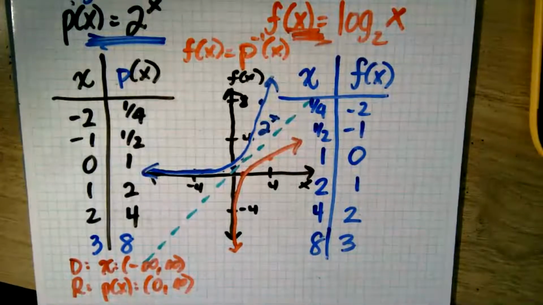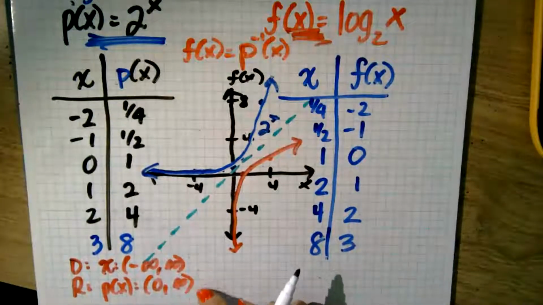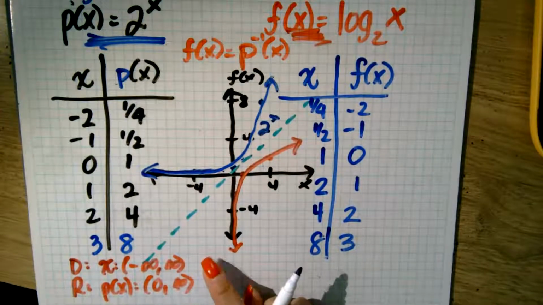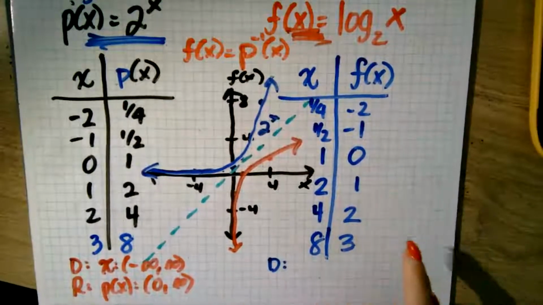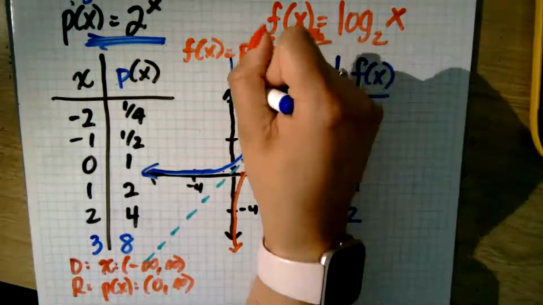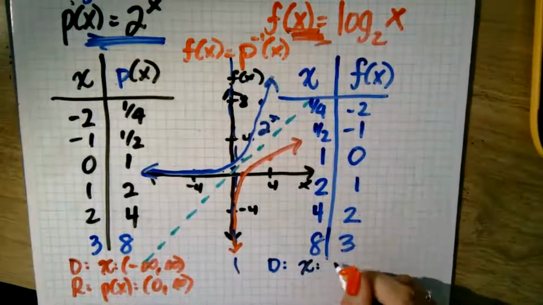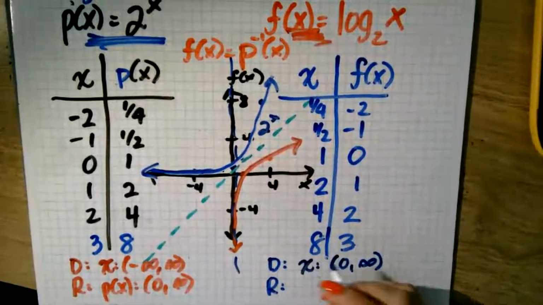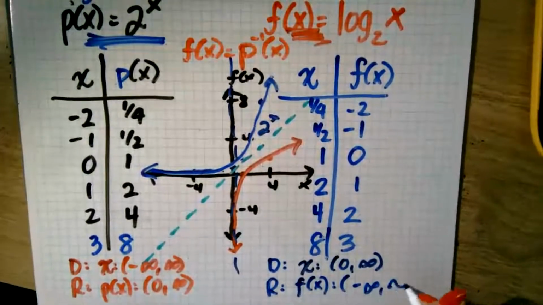So now let's look at the domain and range for my logarithm. Remember, the inputs of one become the outputs of the other, which implies that the domain of one becomes the range of the other and vice versa. So I recognize here that for my logarithm function, it now has a vertical asymptote at x equals 0, which means my domain is now non-inclusive 0 to infinity. And my range, f of x, is now negative infinity to infinity.